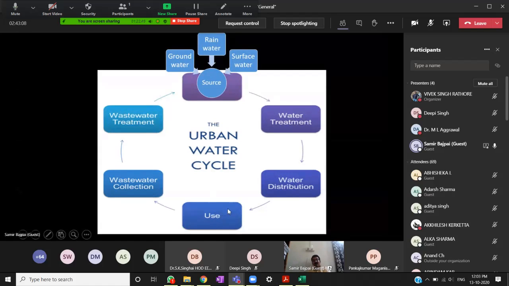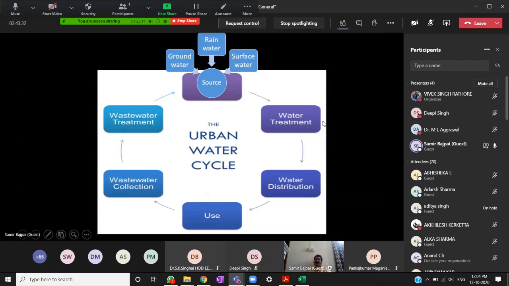We will be irrigating our plants, we will be cleaning our floors, and then there is flushing our toilets also. And you'll be surprised to know that the largest amount of water per day in an Indian household is consumed in flushing of toilets, 30 to 45 liters per person. And what is this water?